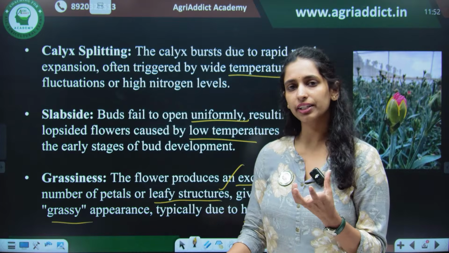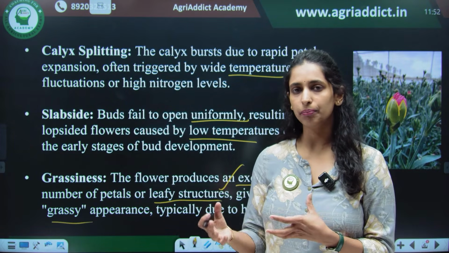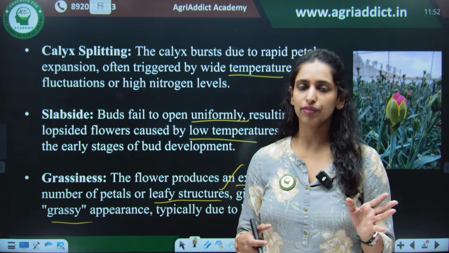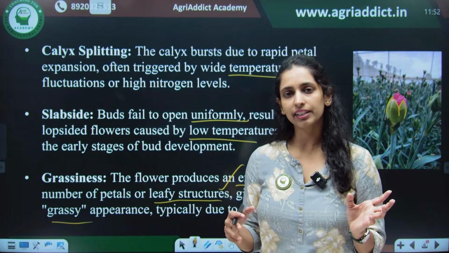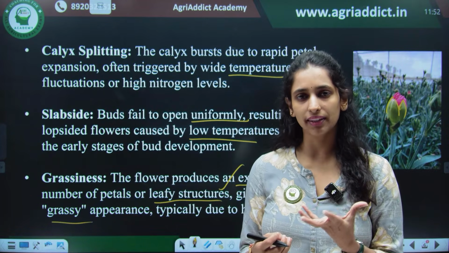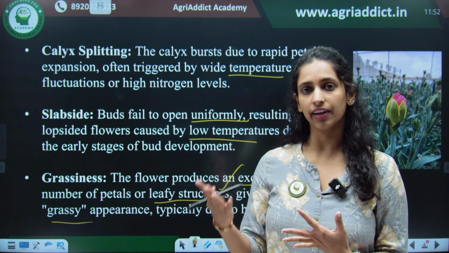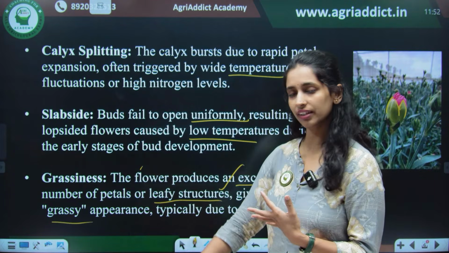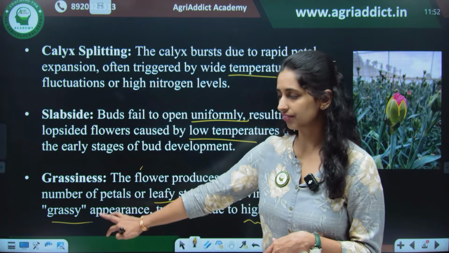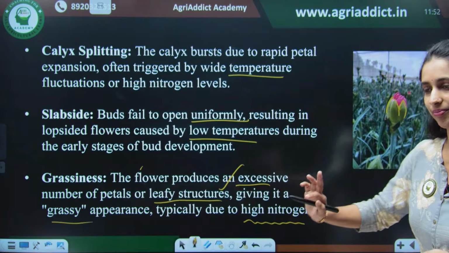The role of nitrogen, you all know, is to help in vegetative growth. So if you give high nitrogen, the plant will forget to produce good quality flowers. Flowers need potassium. If nitrogen is very high, they will produce only vegetative growth. That will cause the grassiness.